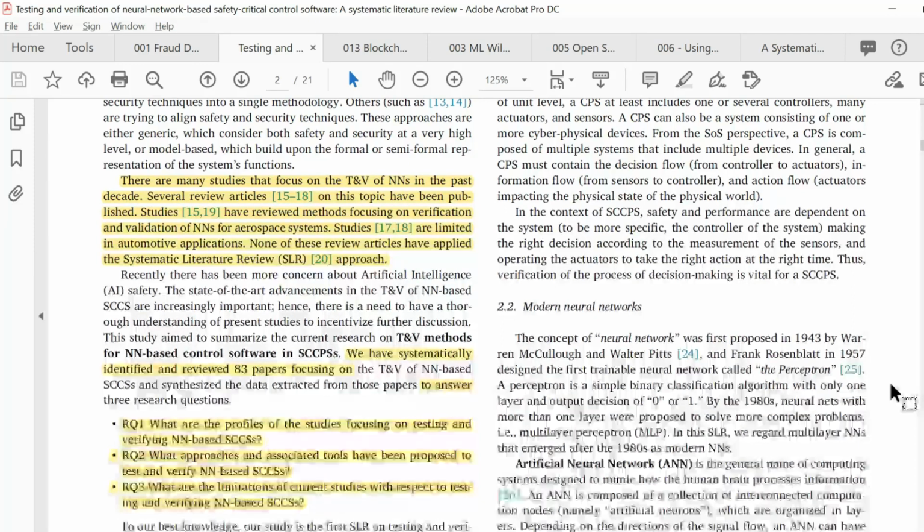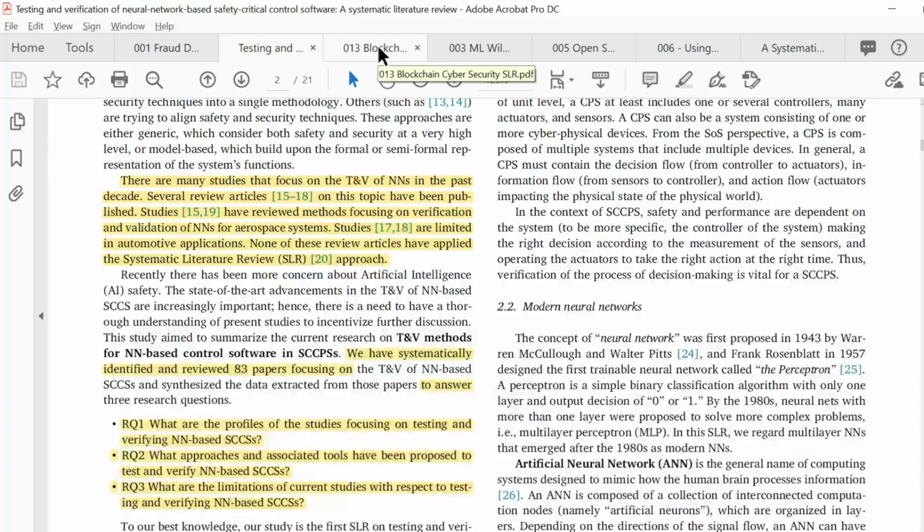So here what they have done is they have taken a few research papers or existing literature review articles, shown here as 15 to 18 and also 19, and they briefly mention what they have done and how there is a lack of systematic literature reviews done in this area. So that is a small sentence in this introduction paragraph that summarizes existing systematic review articles and thereby creates the justification for the paper that they have written.